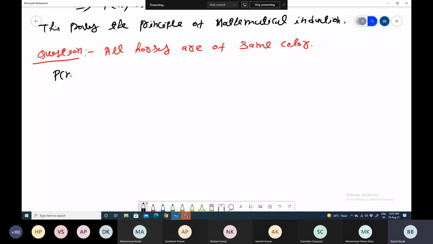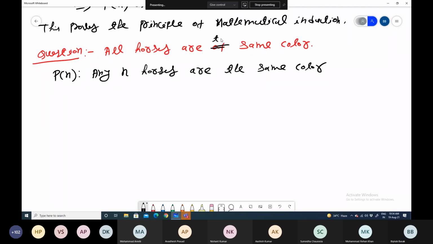Now let Pn be the statement: any n horses are the same color. Okay, so this is my statement.